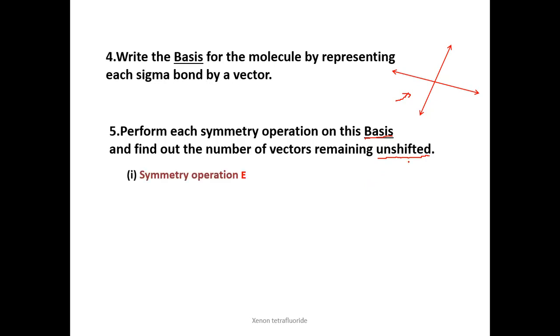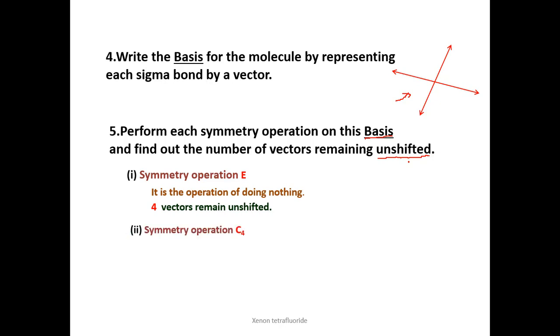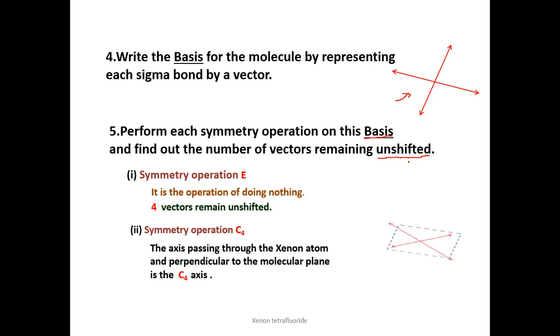First we will take the case of the identity operation. Identity is the operation of doing nothing, and so all the 4 vectors will remain in their same place without getting shifted, and so the number of unshifted vectors is 4. Next we come to the C4 operation. The C4 axis in xenon tetrafluoride is perpendicular to the molecular plane and passes through the xenon atom as shown here.